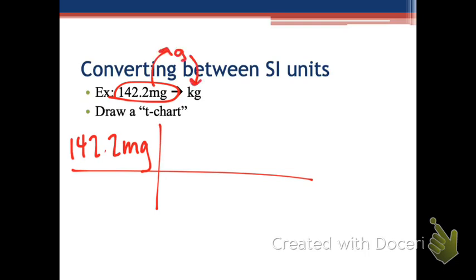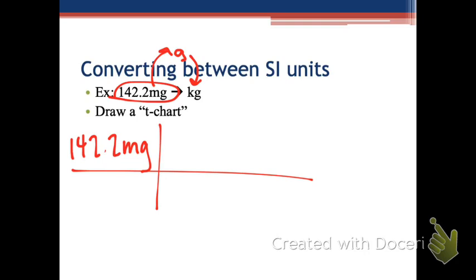So I'm going to go milligrams to grams, then back to kilograms. I'm going to write this over here and I just want you to watch. If I want to go from milligrams to grams, I know that there's 1,000 milligrams in 1 gram.